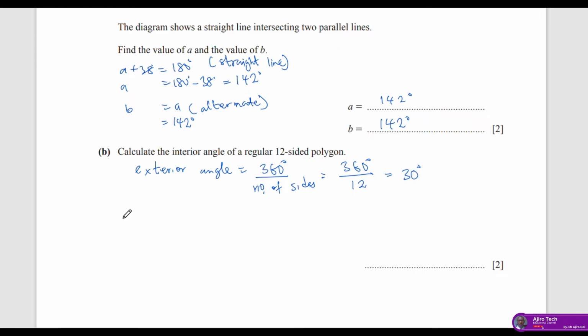Then the interior angle is 180 minus the exterior angle, which is 180 degrees minus 30 degrees, giving us 150 degrees.